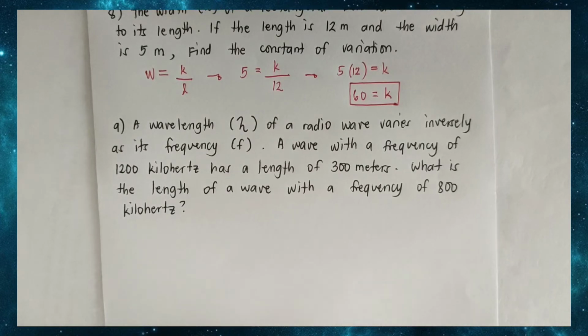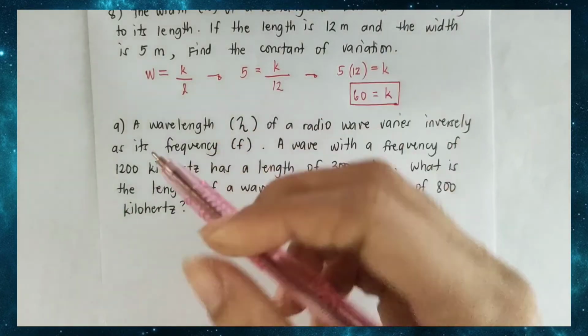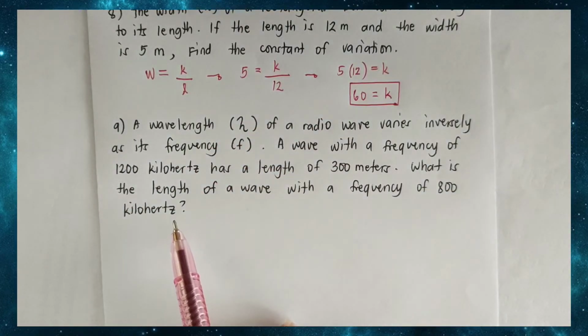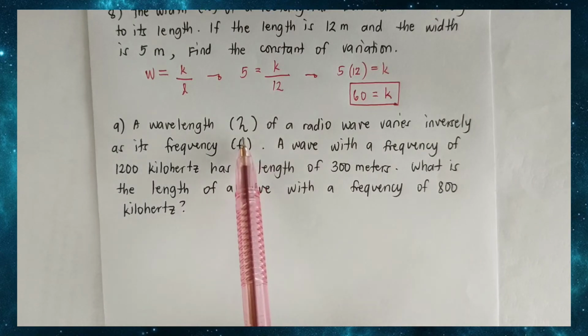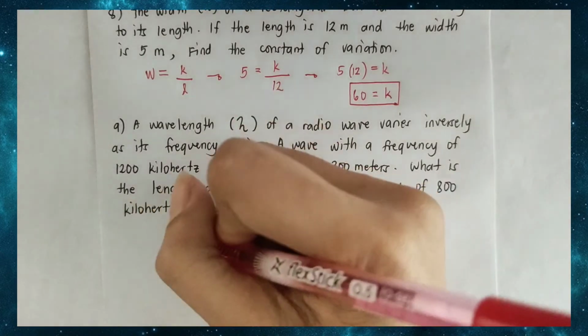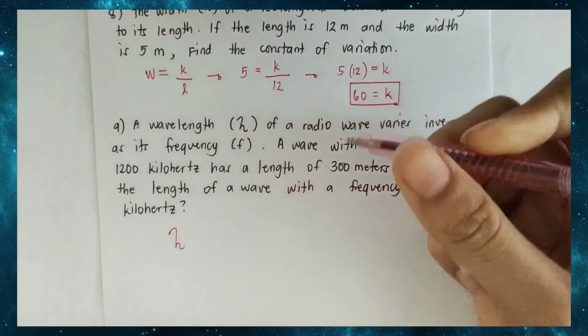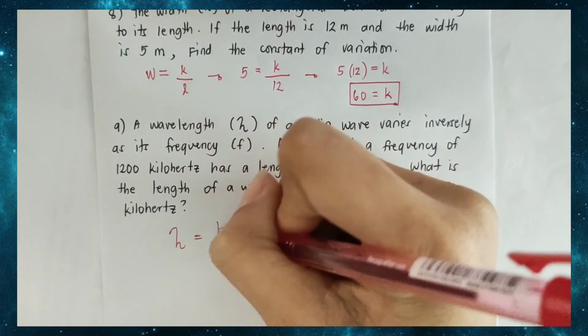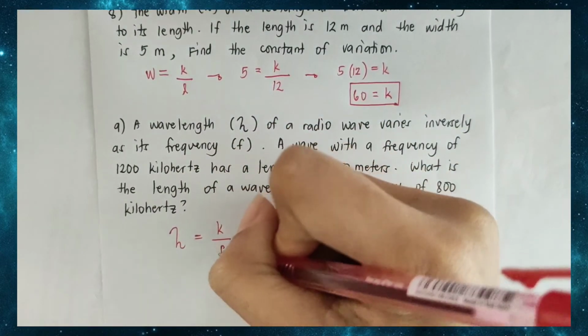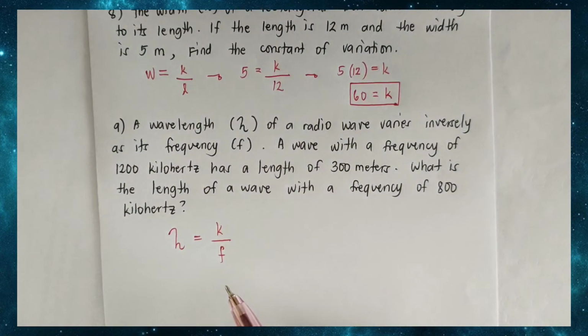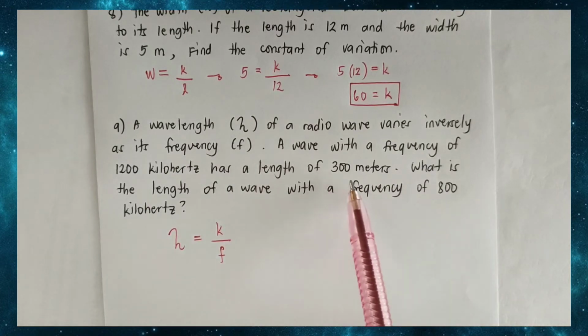First, just like what we are always doing, write the equation as our guide. But this time, based on the problem, we have this symbol for the wavelength. So wavelength is equal to k over your frequency or your f. Substitute for the value of your wavelength, which is 300 meters.